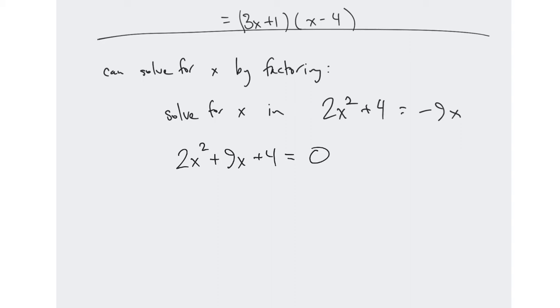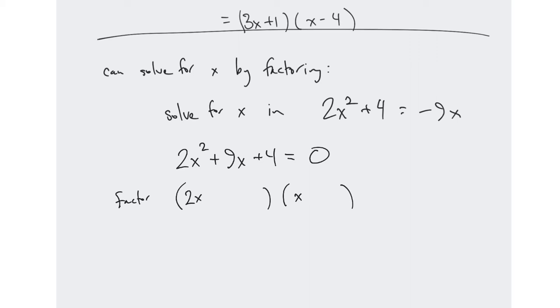And now let's factor. So it's going to be like this, all right? The two coefficients on x have to multiply up to be 2. So I'll put 2x and then a 1x as the other one. And then for the other number, I have to choose two numbers whose product is 4, so that when we multiply across and add them all up, we get 9.